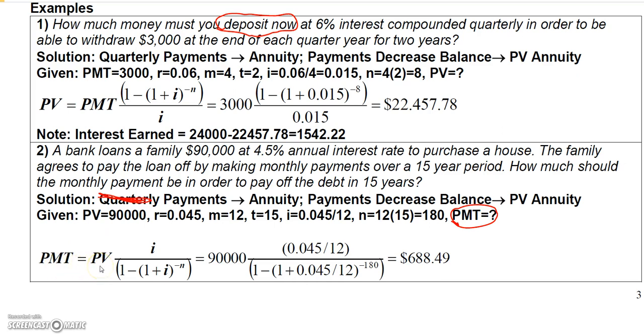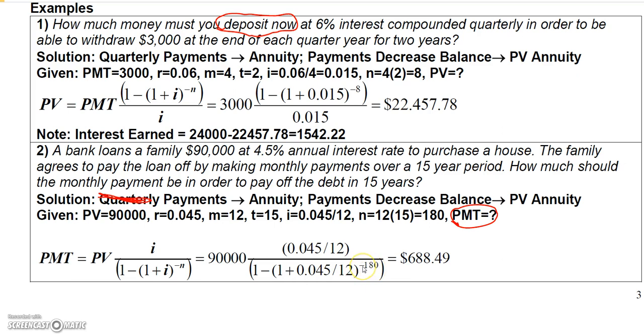So we'll use this formula, and then we'll put in 90,000 for the present value. I'll go ahead and put this in as a fraction, 0.045 over 12 for I. And also I have to put it in the denominator, 1 plus 0.045 over 12. And then remember, N was 180, so we put minus 180 here for the exponent.